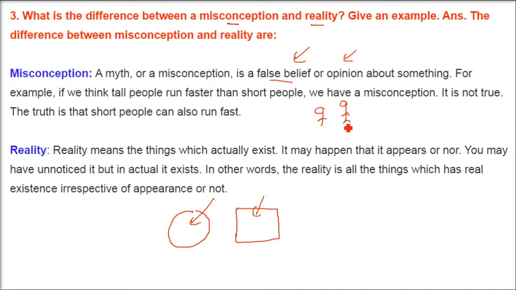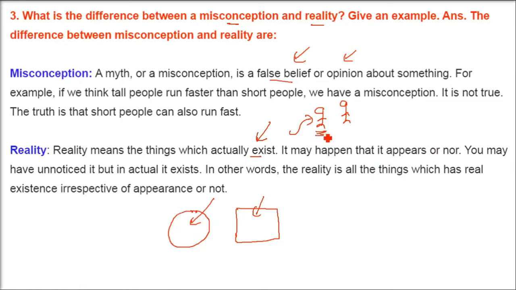People think that short people cannot run fast, and only people who have good height are fast runners. This is not always true. I told you the example of Bolt and Johann Blake, etc. Reality means the things which actually exist. Okay, it may appear so or not, but it is scientifically proven, researched, invented, discovered, it has all the proofs.